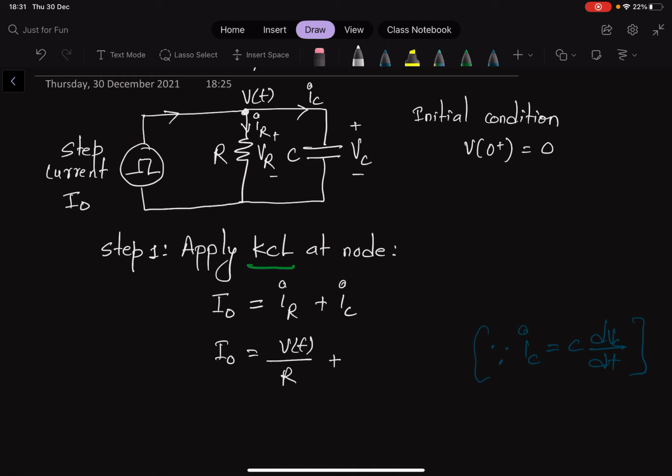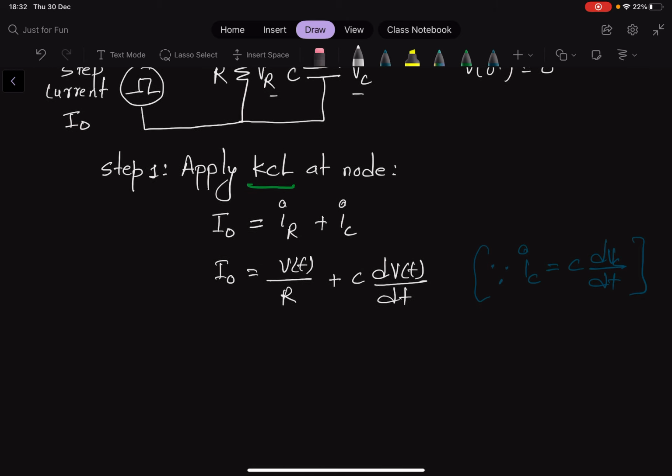So we're going to say C dV(t) over dt. We can clearly see that we have generated a differential equation. If we write it in the standard format of the derivative, dv over dt, and divide both sides by C, we get 1 over RC V(t) equals I naught divided by C.